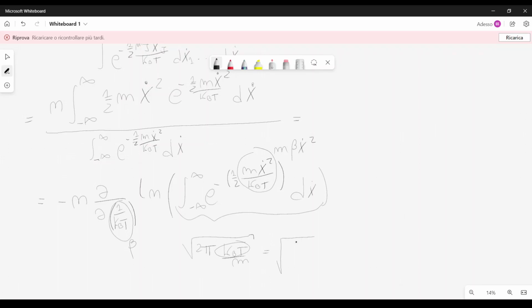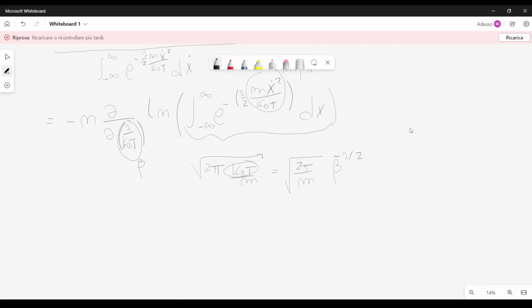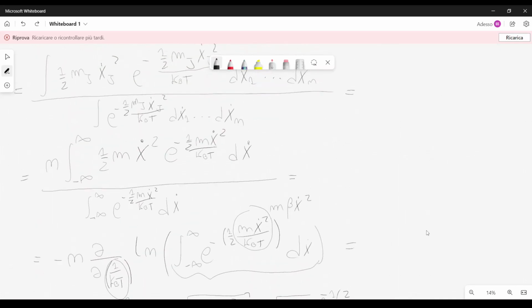So this is equal to 2 pi over m beta to the minus 1 half. And now we simply have to take the derivative with respect to beta of the natural log of this. Now let me also tell you that this minus is simply due to the fact that if you take the derivative of this expression, you will get back this expression here, of course.